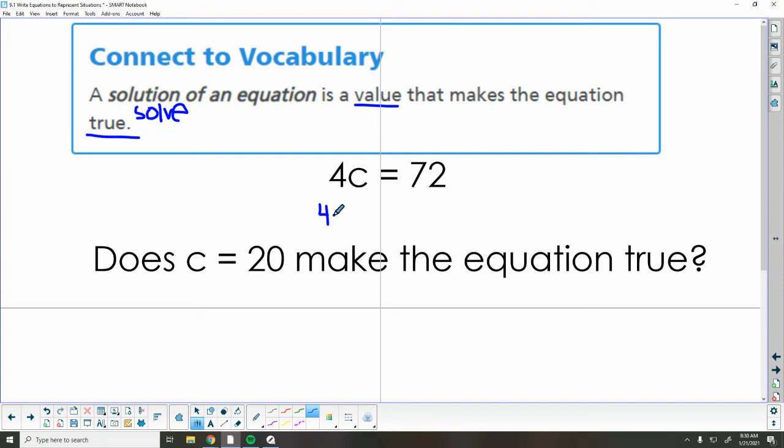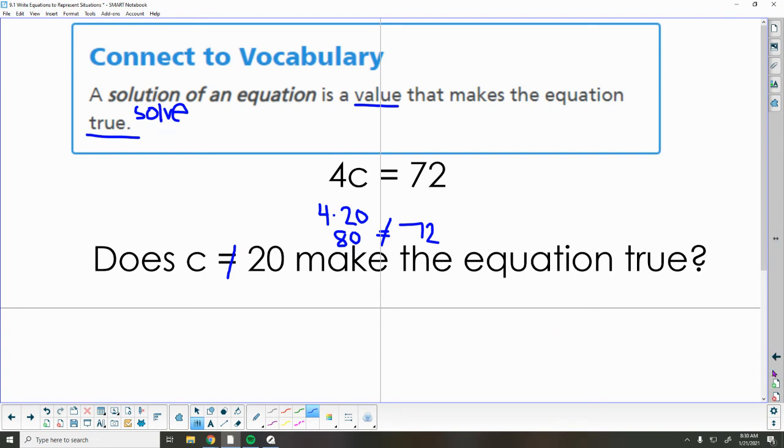So if we take 4 and times that by 20, 4 times 2 is 8 with a 0. So that's $80, but they only spent 72. So I know that this is not true. So C does not equal 20 in this case.